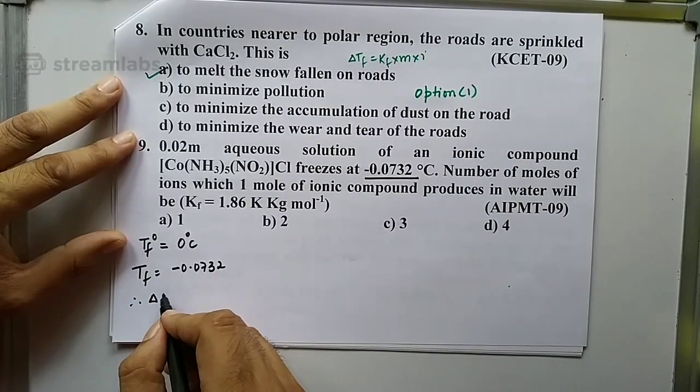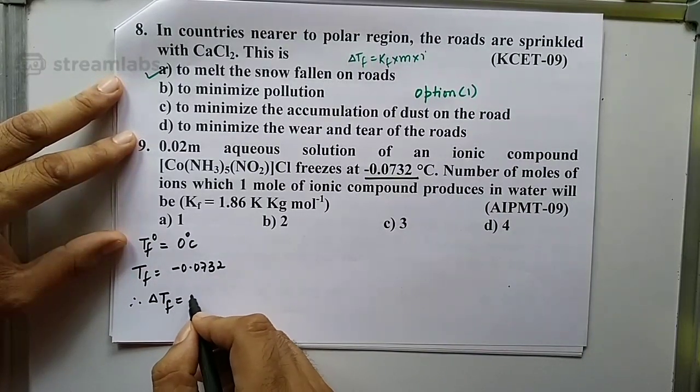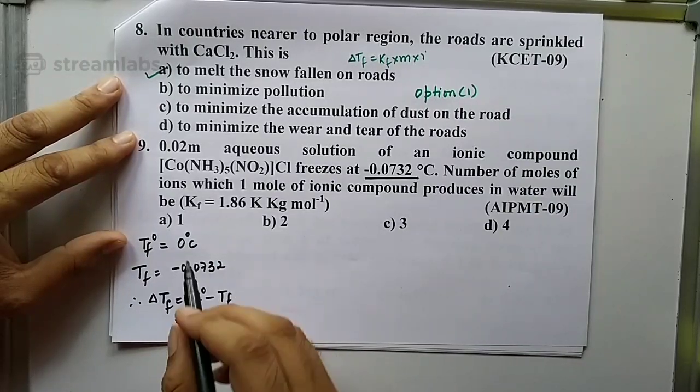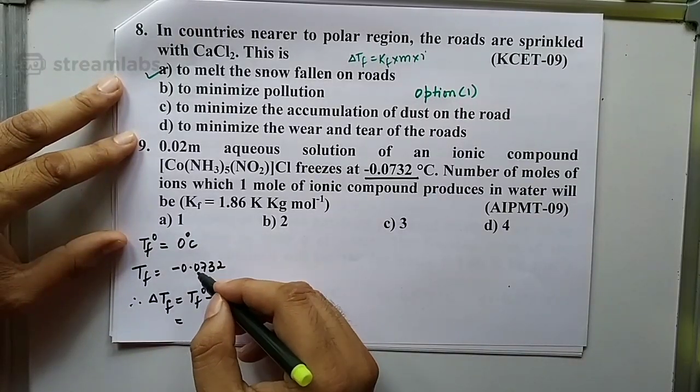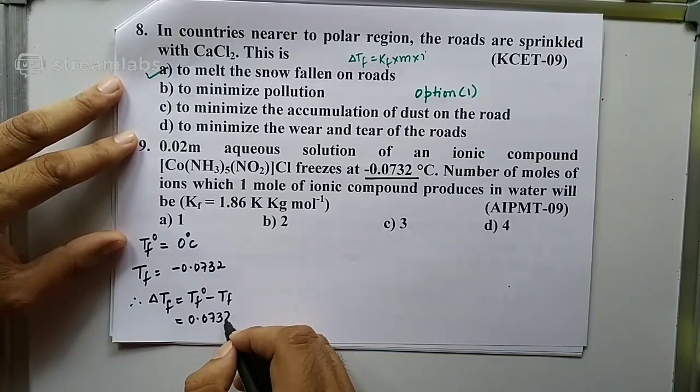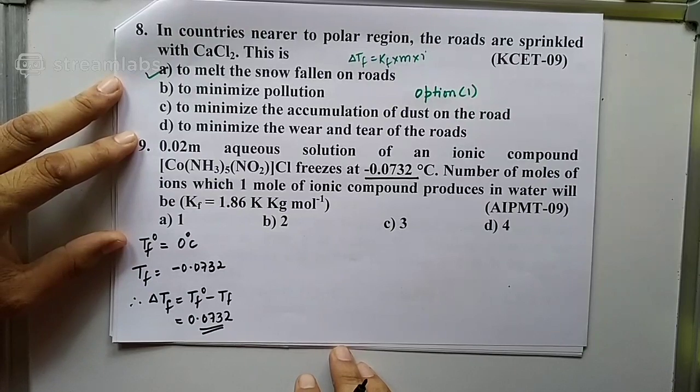Therefore, delta TF will be equal to TF naught minus TF. This will be equal to 0 minus of minus 0.0732, which is 0.0732. This is the value of delta TF given.